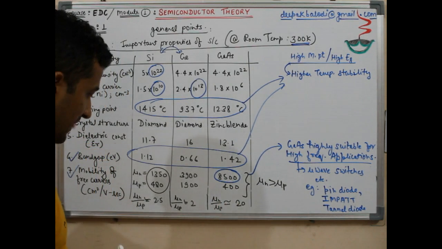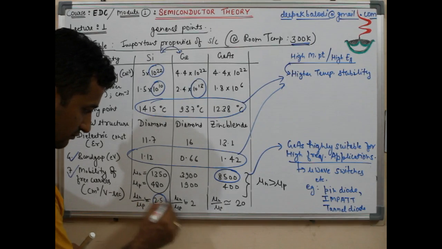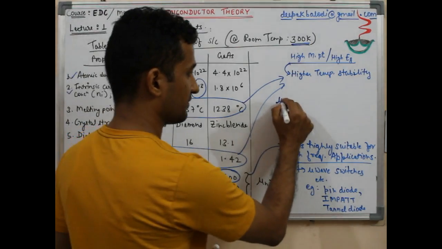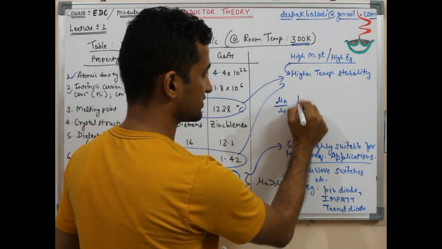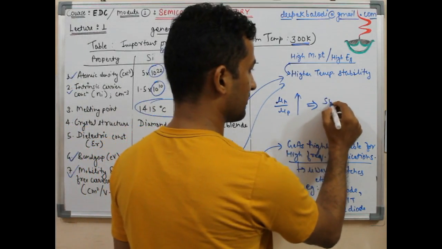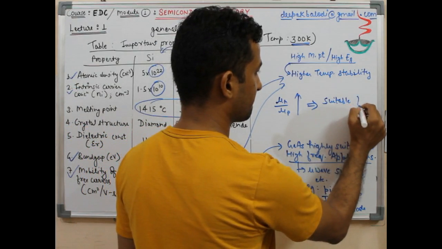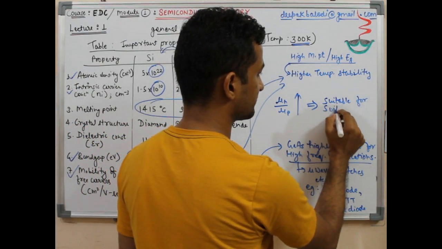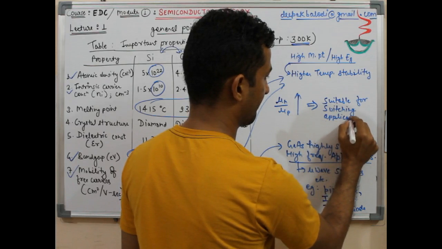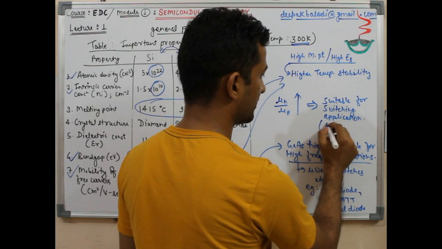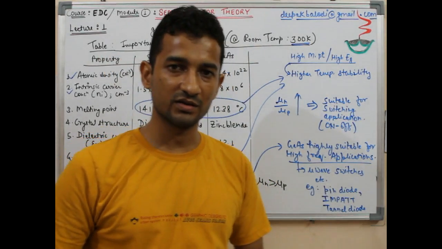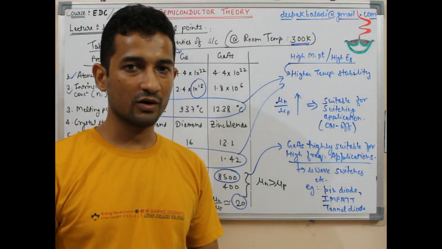Also, if the mu n by mu p ratio is high, then this nature is suitable for switching applications, where we have to make an on and off scenario in high frequency digital circuits, where we have to rapidly switch on and off.